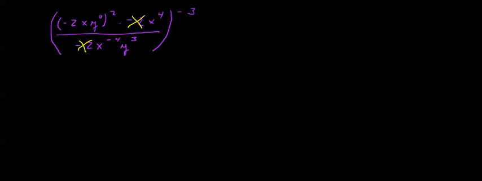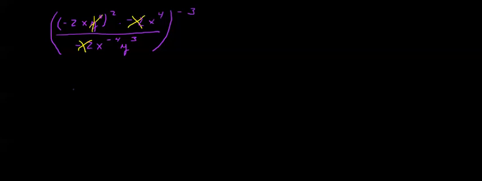All right? If there's something that cancels, cancel it. All right. Now I'm going to work on my numerator. Y to the 0, that's just 1. Okay? And 1 times x is x, so we can cancel it out.